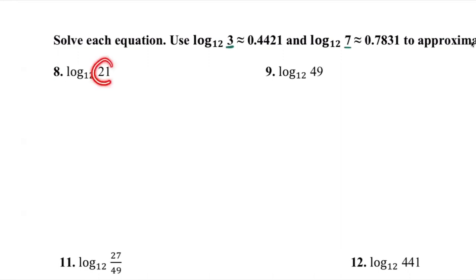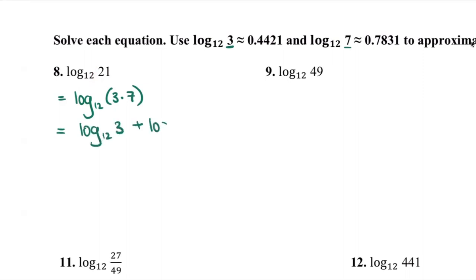So I can see that I can get 21 pretty easily by just multiplying 3 and 7. All right, so I'm going to rewrite this as log base 12 of 3 times 7. So since the argument is being multiplied, I can split that up using addition.